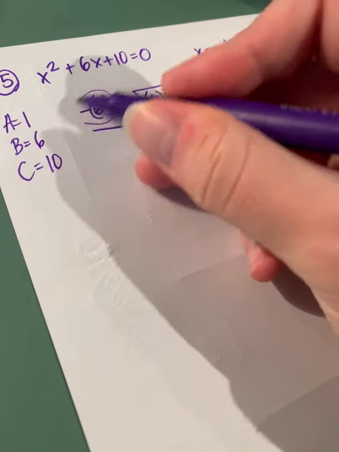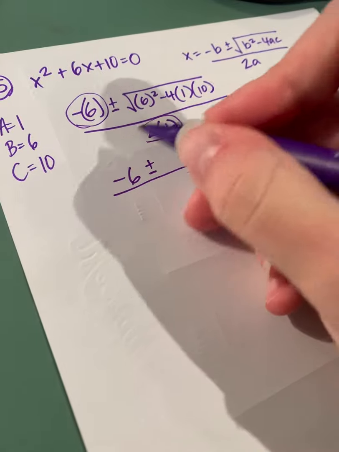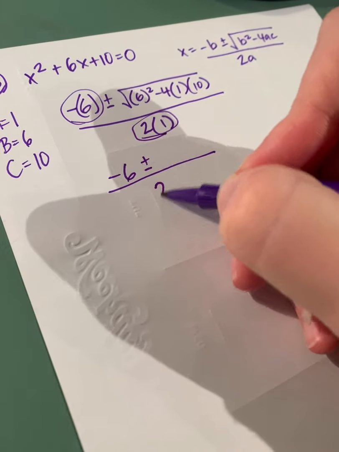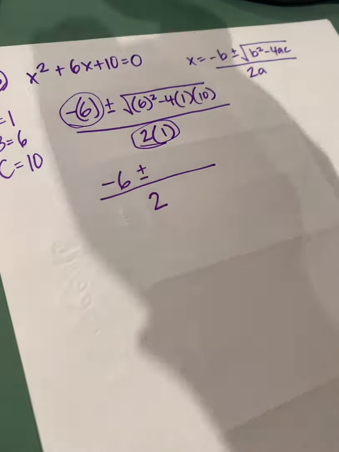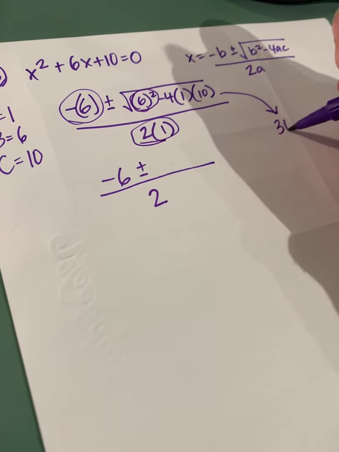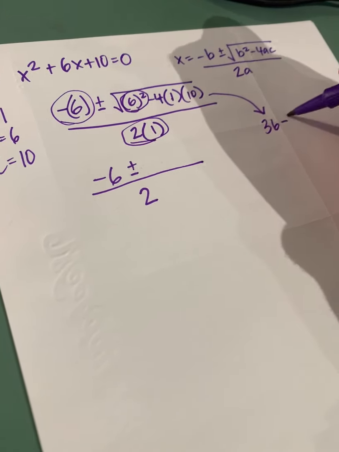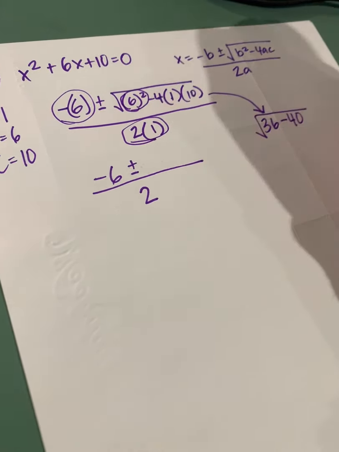So then here I would have 6 squared makes 36. 4 times 1 times 10 is negative 40. And that's inside my square root.